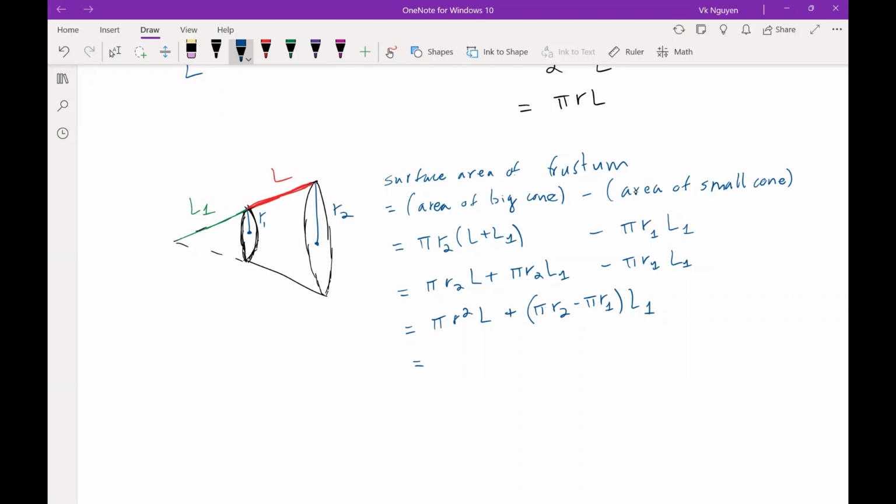And I can factor out the pi here, just to make it a little easier to see. r2 L plus r2 minus r1 times L1.